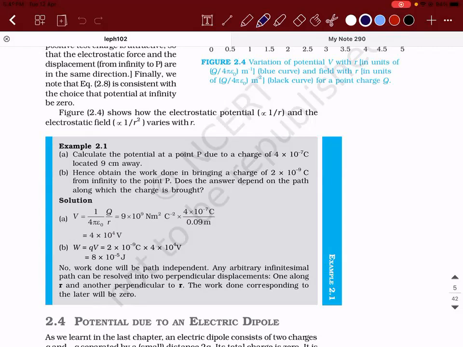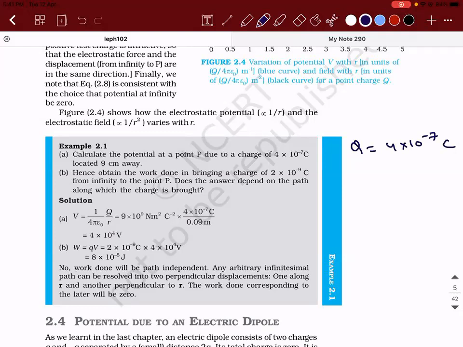Calculate the potential at a point. Is that the keyword used? At a point, due to a source charge of value Q equal to 4 into 10 power minus 7 coulomb, located 9 centimeter away.